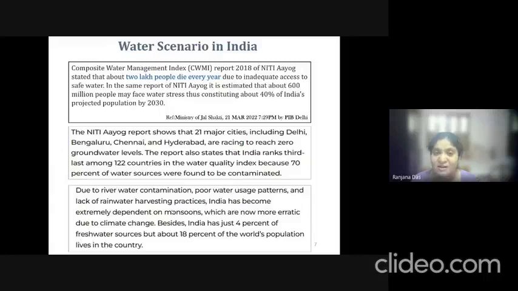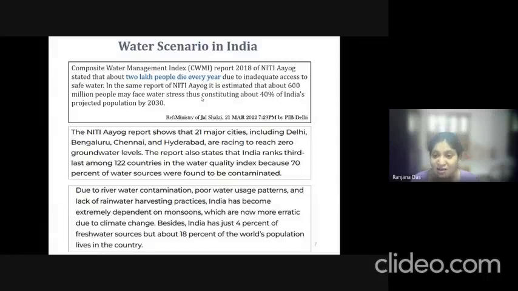Reports by the Niti Aayog say that about 2 lakh people die every year due to inadequate access to safe water. They also say that 21 major cities of India are racing to reach zero groundwater level very soon.